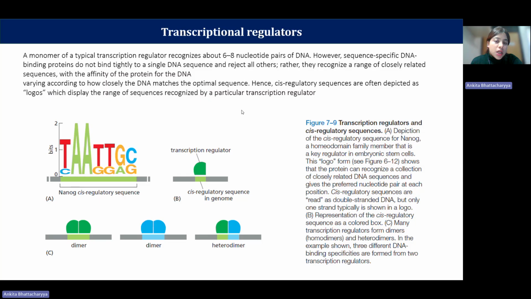This is a representation of a DNA motif recognized by a protein. In this case, it is for NANOG, a homeodomain family member that functions as a crucial regulator in embryonic stem cells.